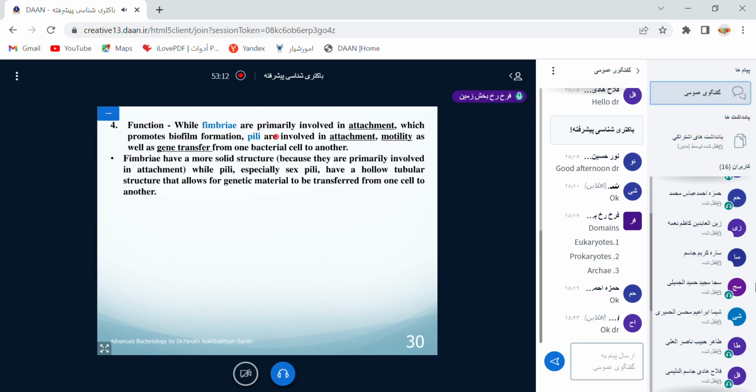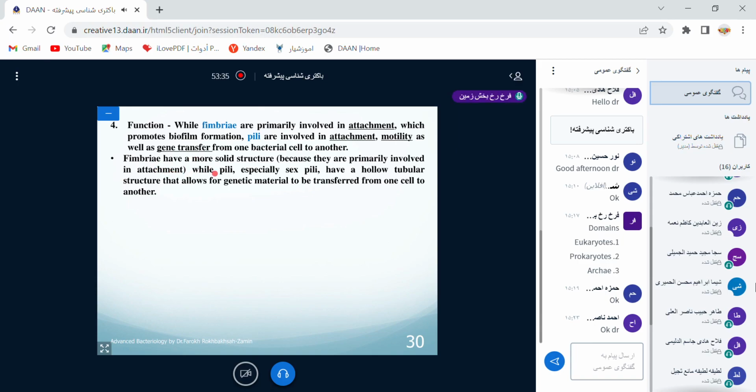While fimbria are primarily involved in attachment, which promotes biofilm formation, pili are involved in attachment, motility, as well as gene transfer from one bacterial cell to another.